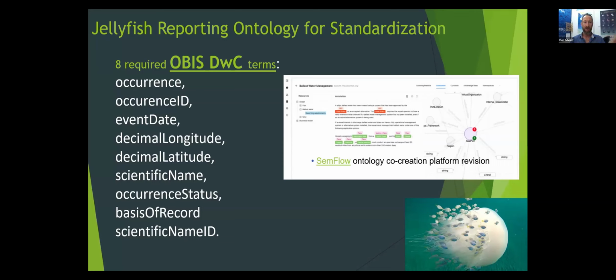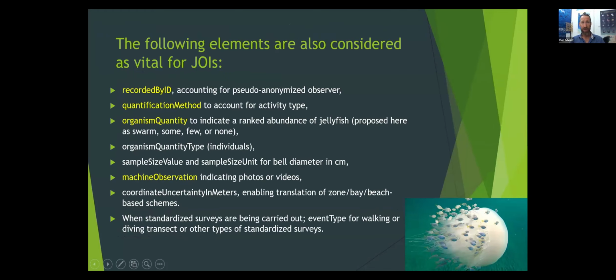And you can see these are must-have terms. These 8 terms are required: occurrence ID, etc. And on top of these, we added some elements that we consider as vital for the JOIS and are also in the Darwin Core terms that can be found.